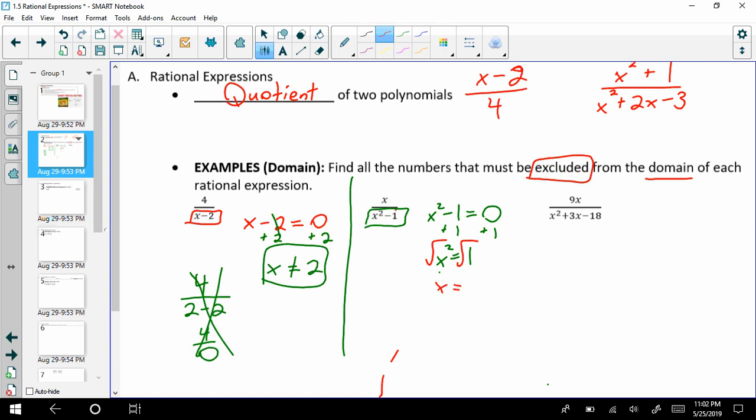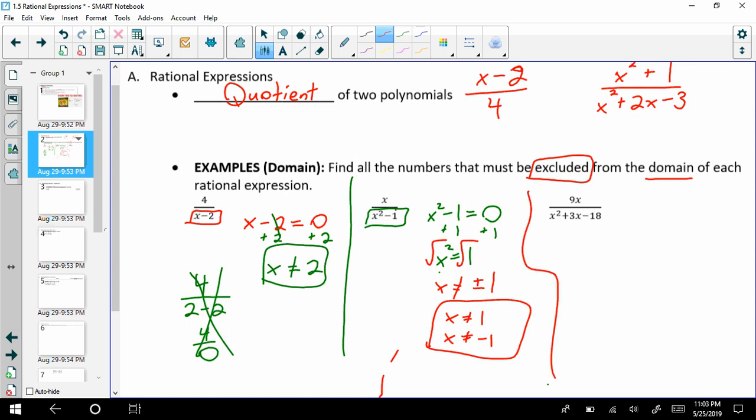Now the square root of a number when I'm solving comes out to plus minus. Because if you think about it, 1 squared is 1 and negative 1 squared is also 1. So what this means is there's two numbers that make the bottom 0. I do not want x to be 1 and I do not want x to be negative 1. If I plug in either of those, I'm going to get 0 in the denominator.